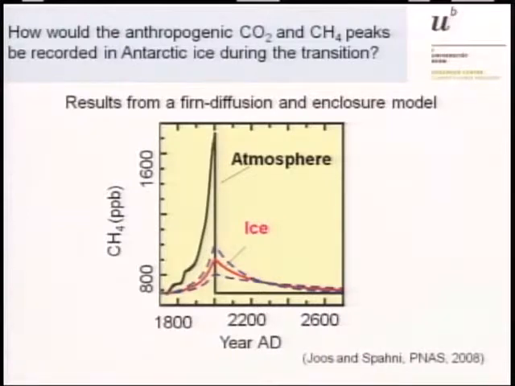And then how this signal would be recorded in the ice at Antarctica in the EPICA Dome C core for conditions that are typical during the last transition. And what you can see is that the height of the peak is greatly reduced, and obviously also the rate of increase is greatly reduced compared to the original peak.